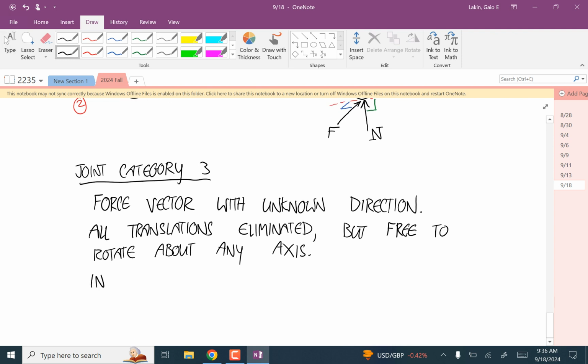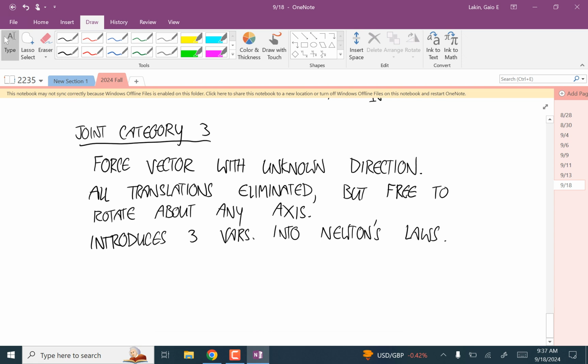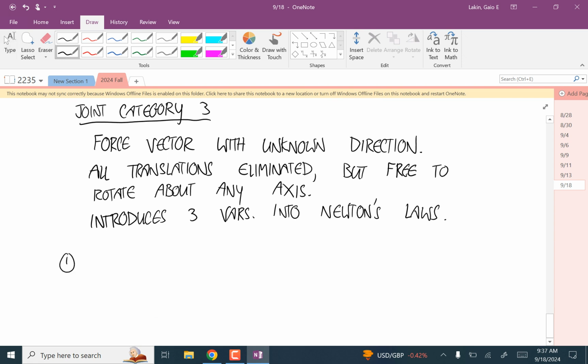And this introduces 3 variables into Newton's laws. So like you said, this is a ball and socket joint.